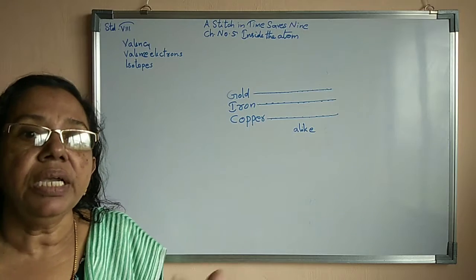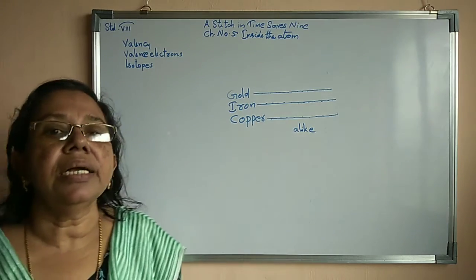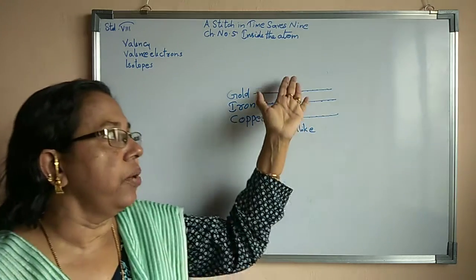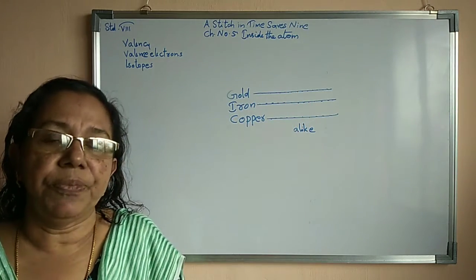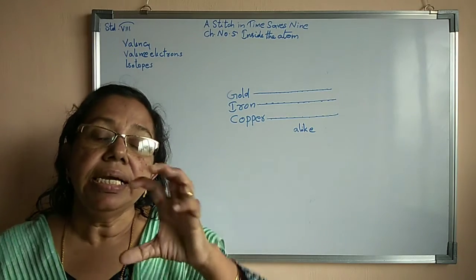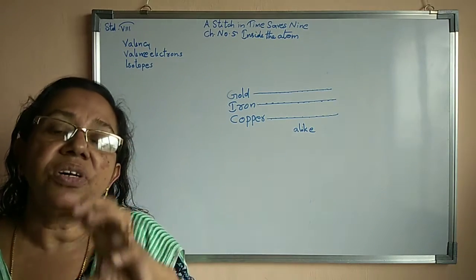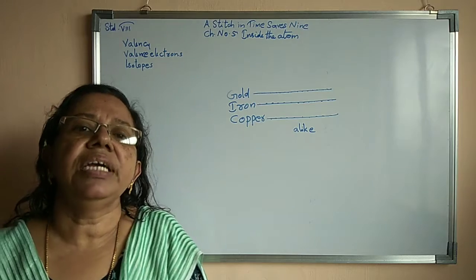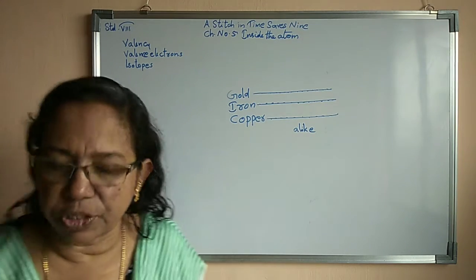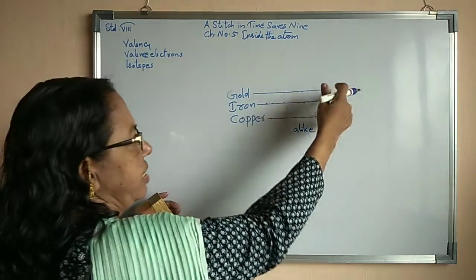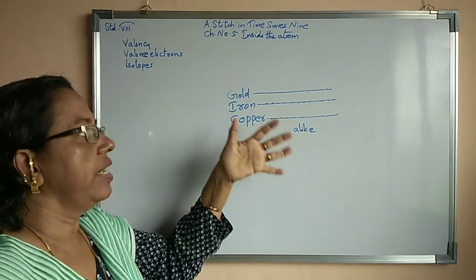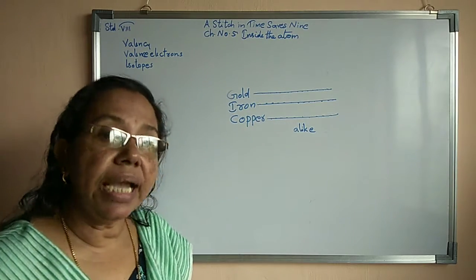Like that, if we consider some other elements in nature, it is the same as the examples I showed. But there are a few elements whose speciality is that they have different types of atoms. Now I am showing you a few examples. In the earlier cases all atoms were alike, but in some cases all atoms won't be alike.